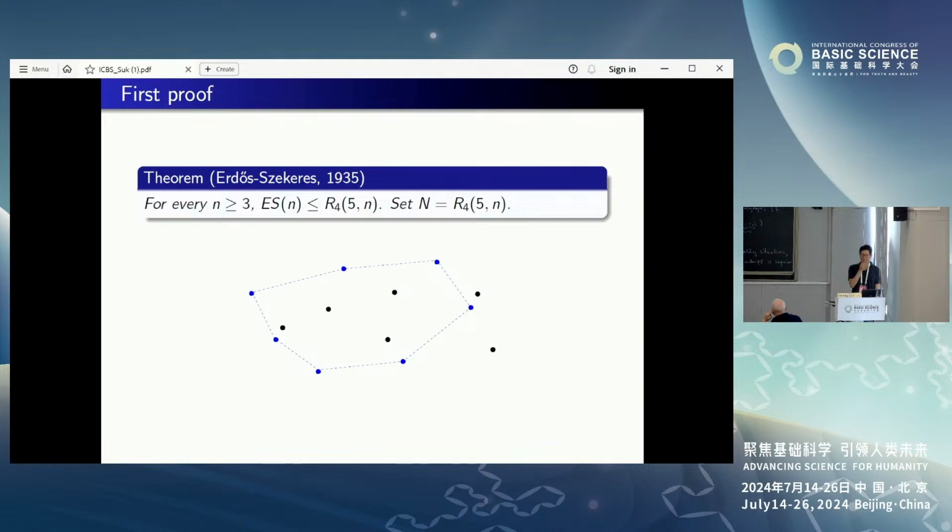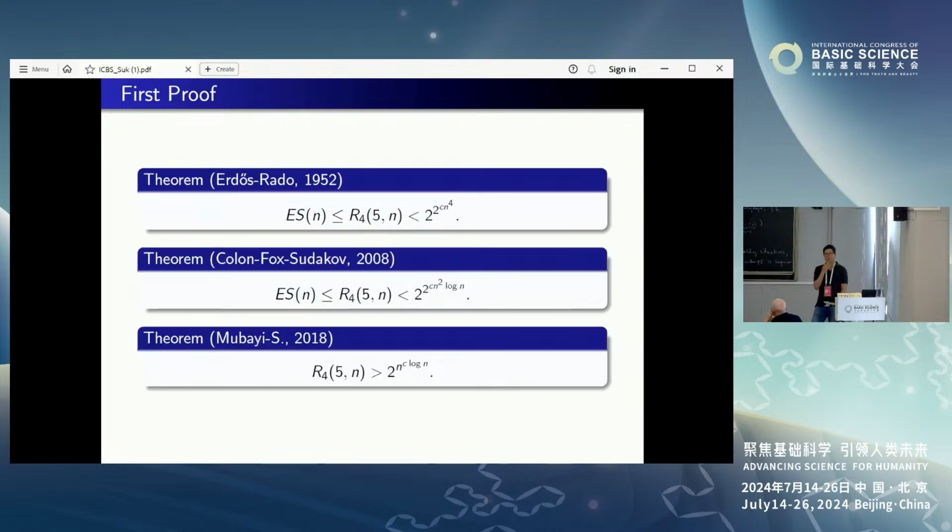Okay, so bounds on this ES. In particular, due to Erdos and Szekeres in 1935, this number is known to grow at most double exponentially.